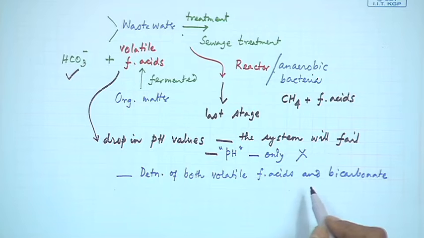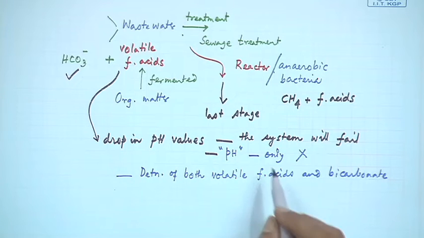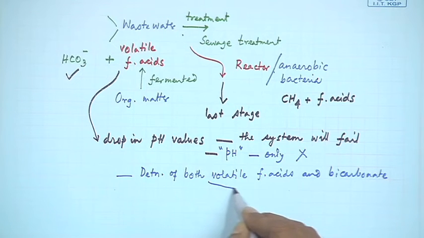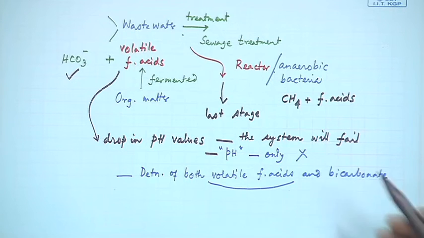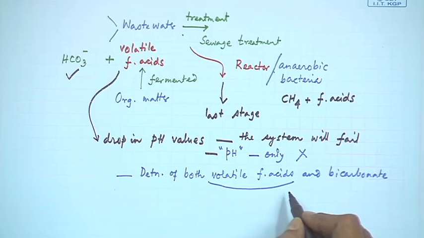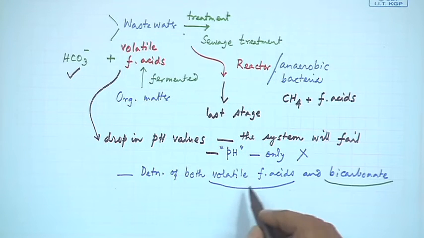We have to go for the corresponding determination of these volatile fatty acids. This is the last stage of the sewage treatment. So, we should have a procedure where we can determine the volatile fatty acids as well as the bicarbonate. And as we have seen, these two things we can handle very easily.